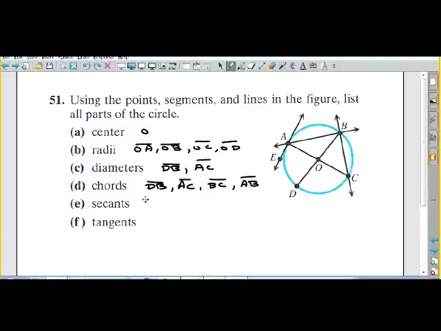Okay, Laramie. So the secants. Are those lines or line segments? Lines. Yeah, so it's the same as the two chords that we had, except they're lines instead of line segments. And that's not correct.